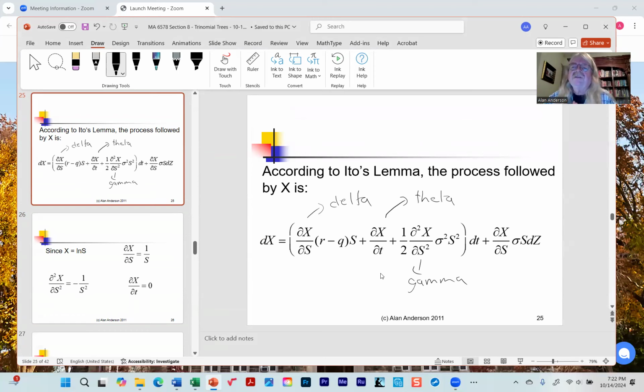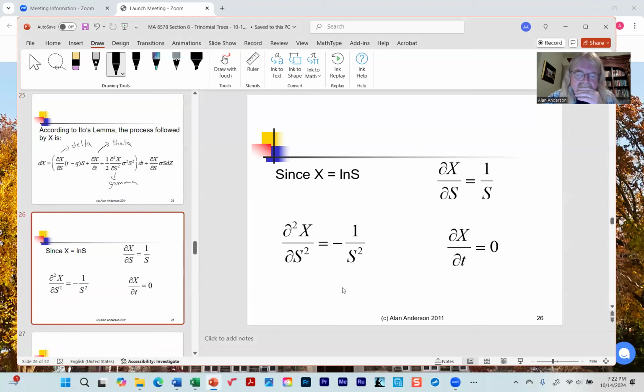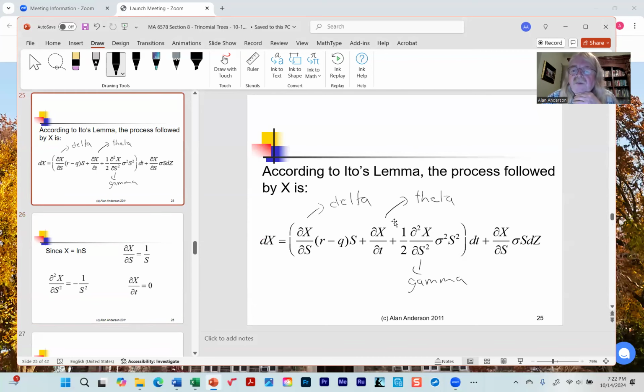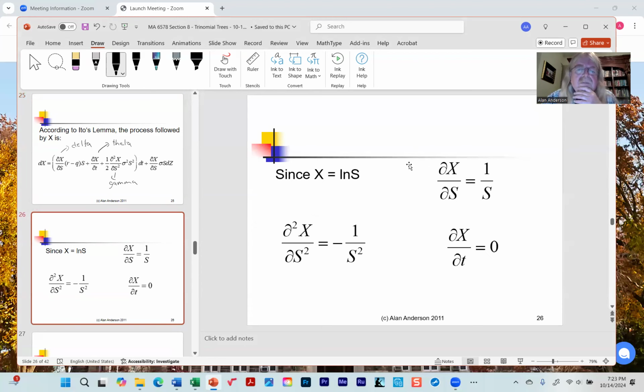Now, the reason why this matters is because this is what we have to replicate on the tree. We have to make sure that this is the process being followed by dx. Since we are choosing x to represent log of s, and by the way, this process could apply to any x, but in our specific case that simplifies things quite a bit, because clearly the first derivative of log s is 1 over s. The derivative with respect to t is 0 because it's not a function of t, but the second derivative is negative 1 over s squared.